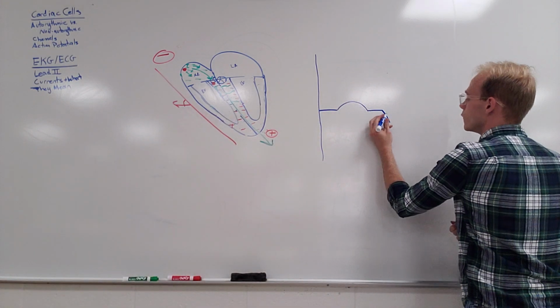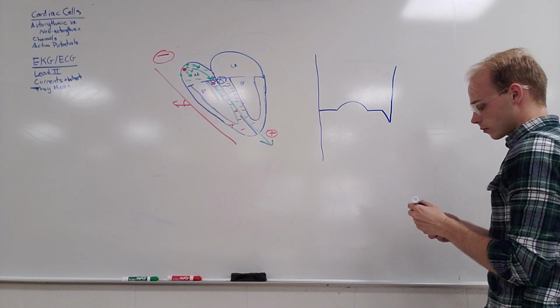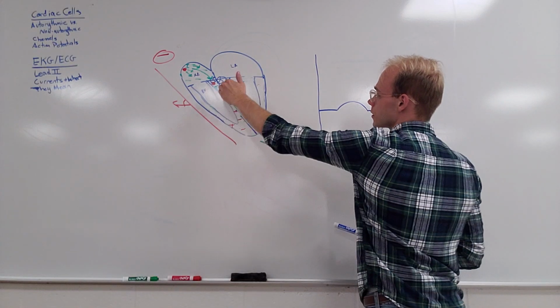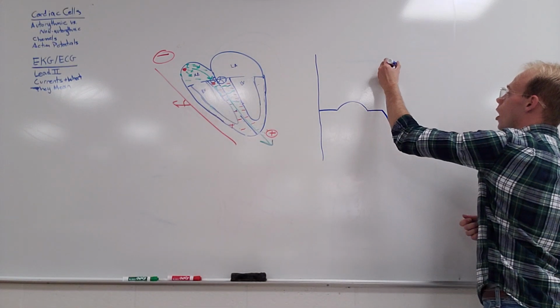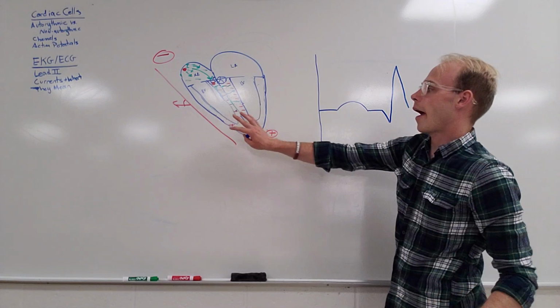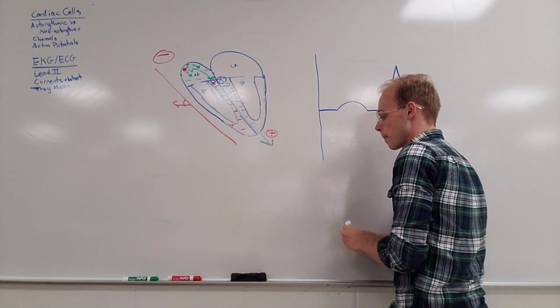So we're going to create a very, very large upward deflection. And then as this depolarizes, we still have upward deflection, but it ends up becoming less and less as more of the septum and the bottom of the ventricles depolarize.